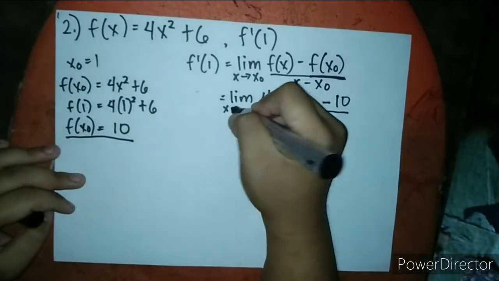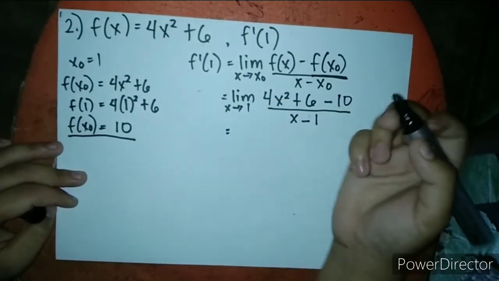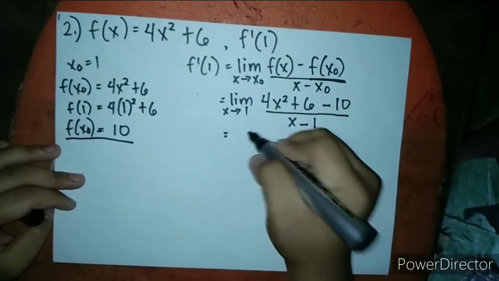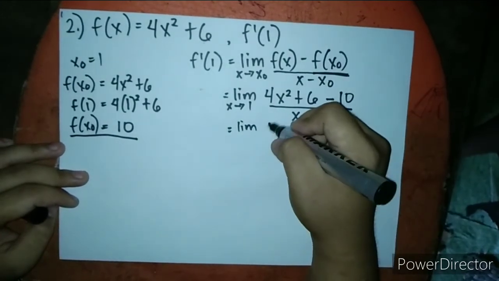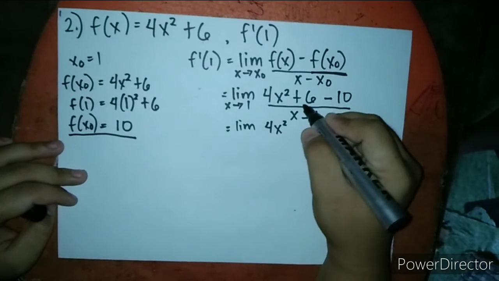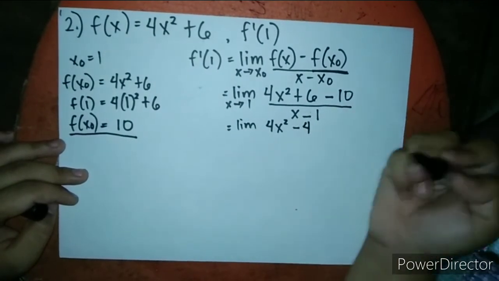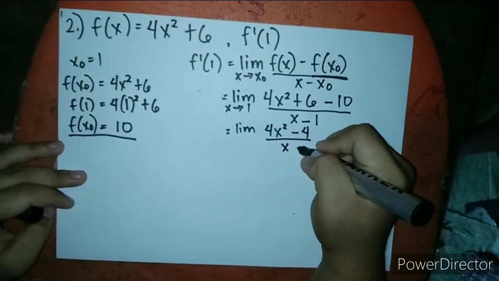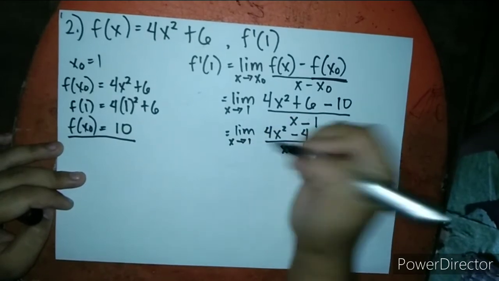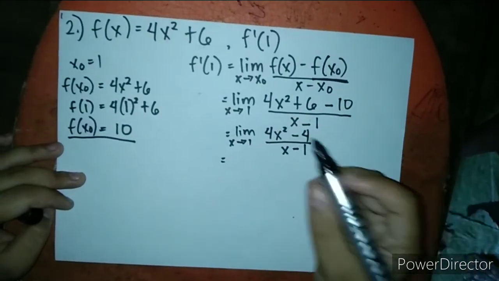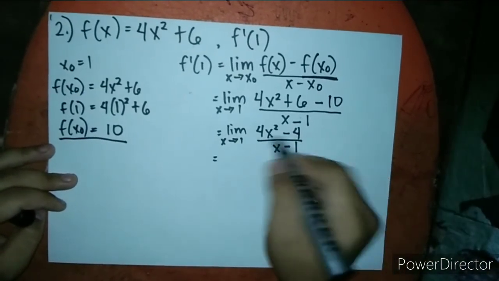So, as x approaches 1 equals, isisimplify na natin to. Limit of 4x squared plus 6 minus 10, negative 4, over x minus 1 as x approaches 1 equals, gagamit na natin ulit yung common monomial factor nito.